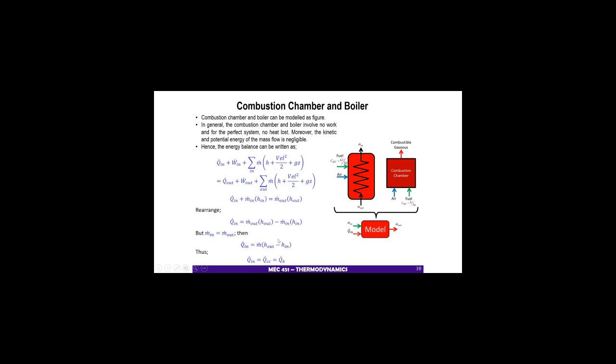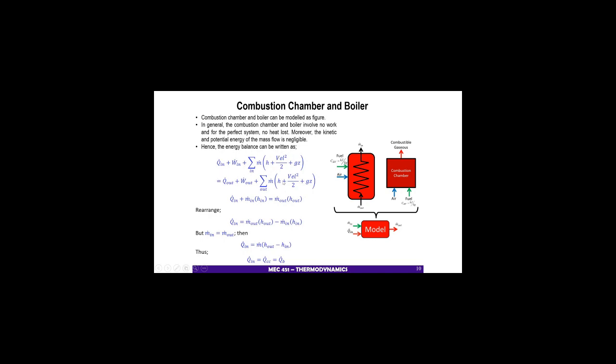As a boiler does not produce any work, the steam turbine is producing work, we are only focusing on the combustion. So basically a boiler only requires heat. So heat in, no work in. Heat out we assume to be well insulated, so no heat leaking.